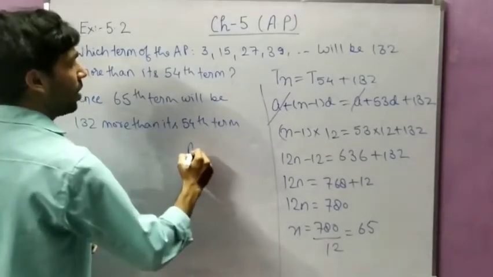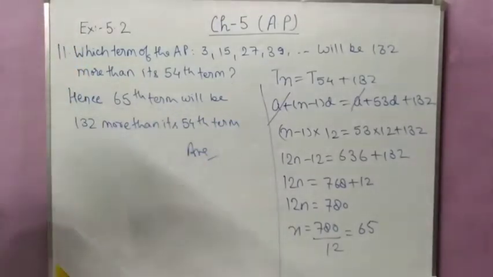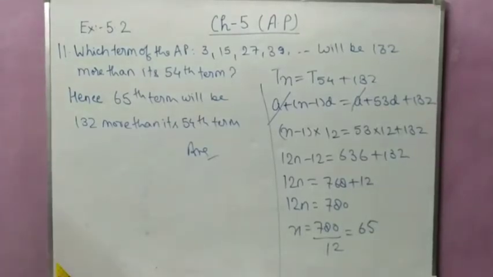Okay, that will be the answer. Very simple, you just have to know how to make the equations. Whenever "which term" is written, it means you have to find the value of n.